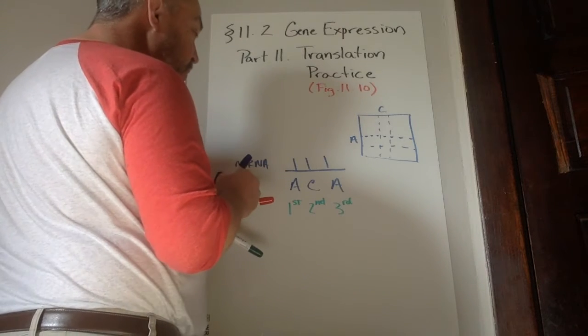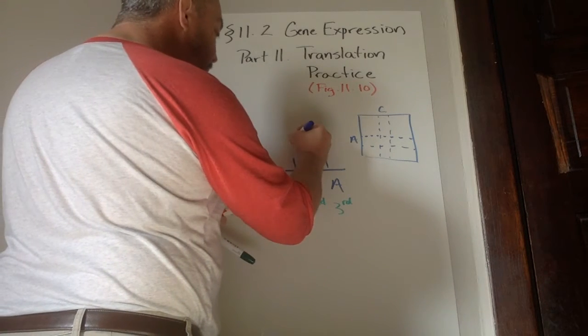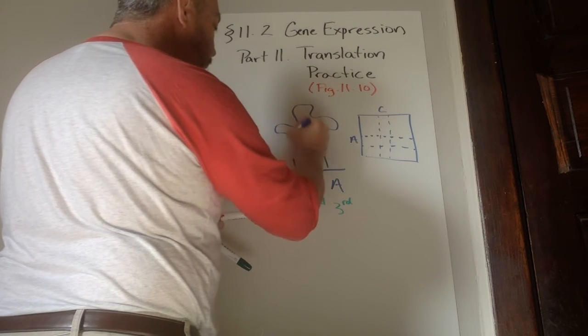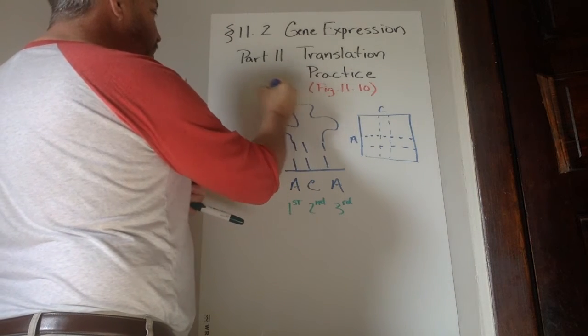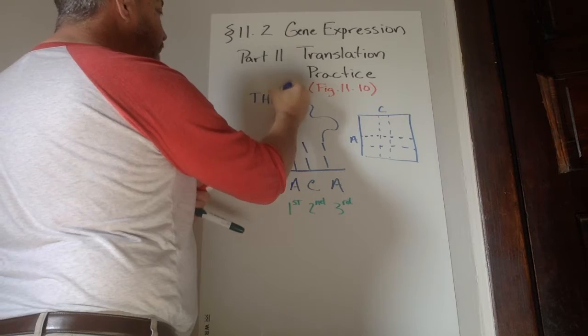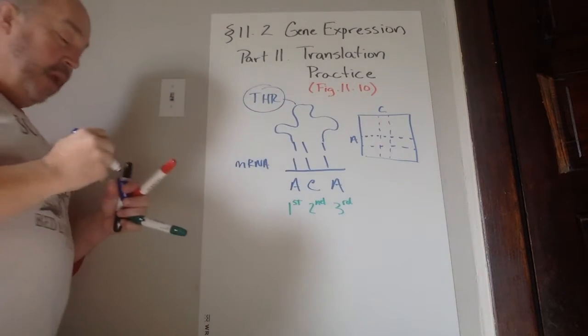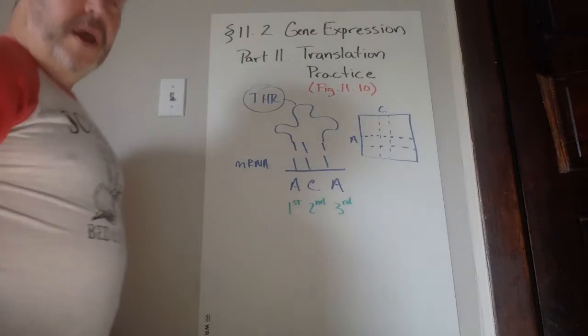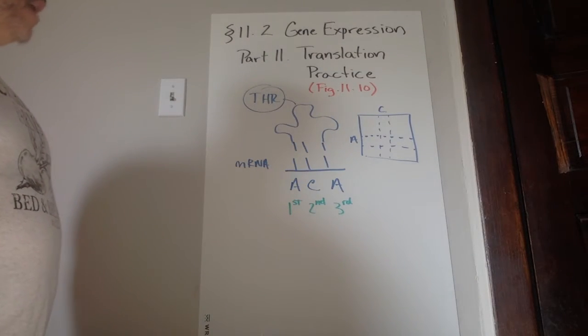Now there will be a tRNA that's going to be specifically bringing over the amino acid threonine. Now you don't have to memorize this table. I will give this to you on the test, but you do need to know how to use it.